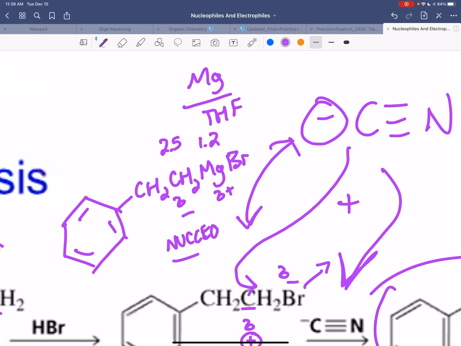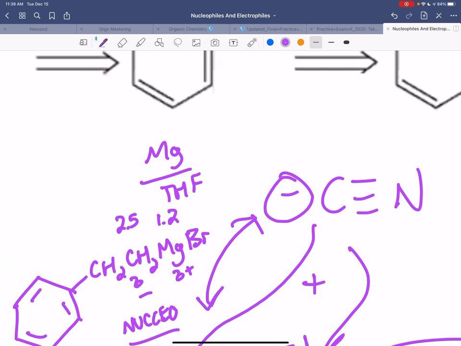So now that it's a nucleophile, you can react it with an electrophile, like an H+, or a ketone, which because of electronegative oxygen puts a positive charge on carbon, so you could attach a ketone here.